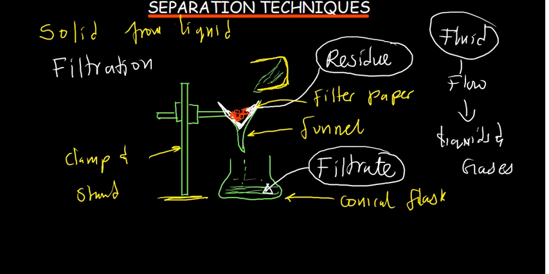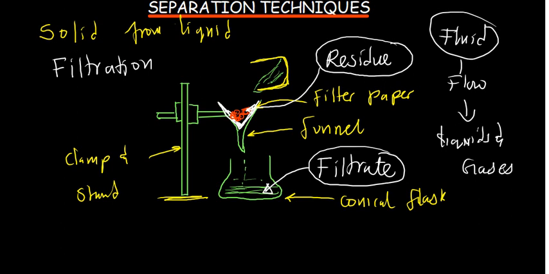Now basically mostly we separate solids from fluids. So what do you separate? You separate solids and liquids. Now this solid that you are separating is not a solid that dissolves.